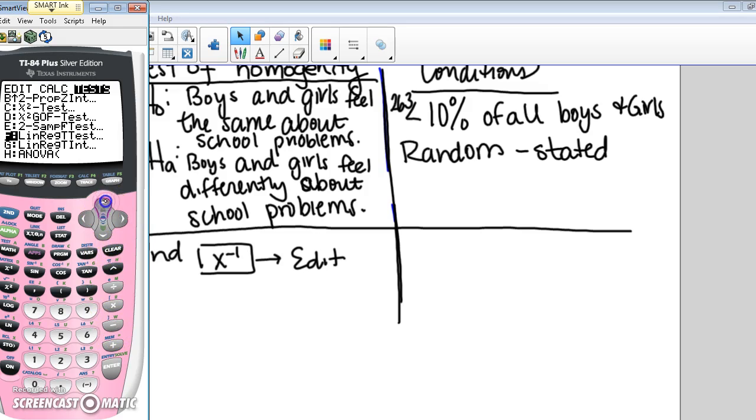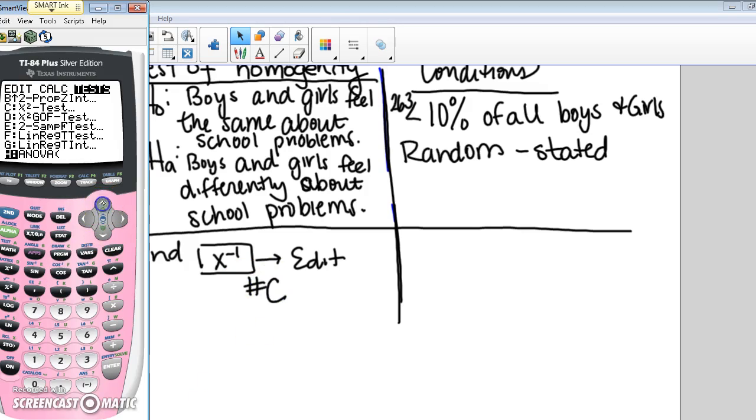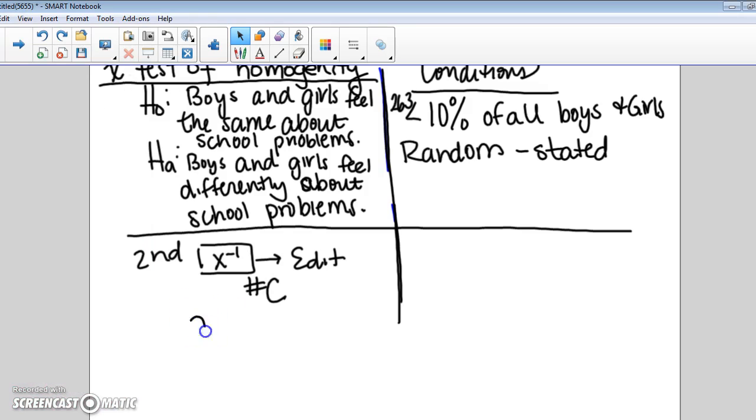We're going to find the chi-squared, just regular test, which is C. It's going to say A is where your observed are. It's going to fill your expecteds into B for you. And then calculate. So all you have to do is put in A. Calculate, we get a chi-squared of 15.8.